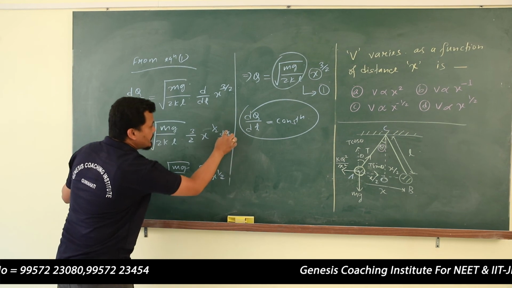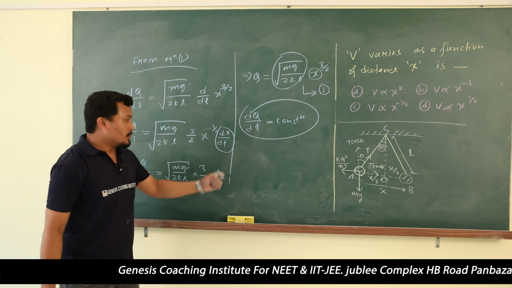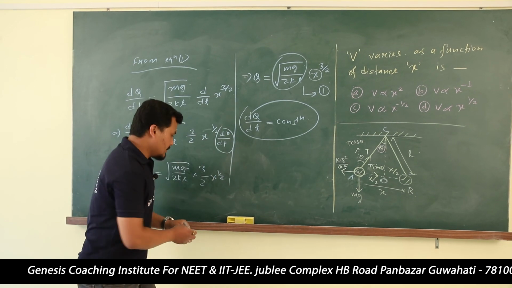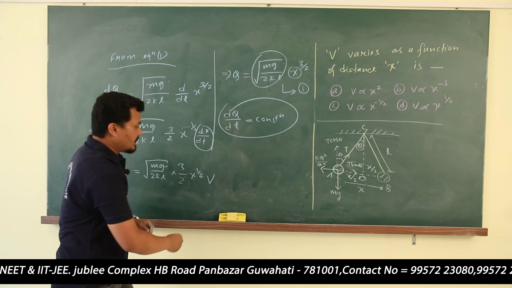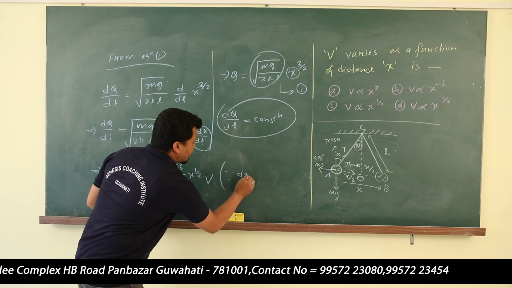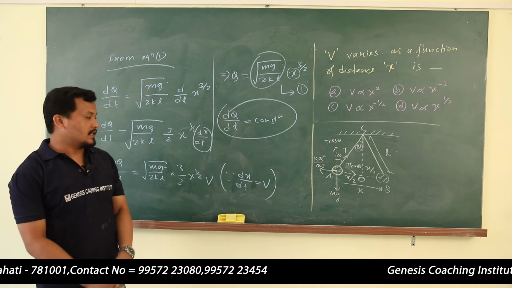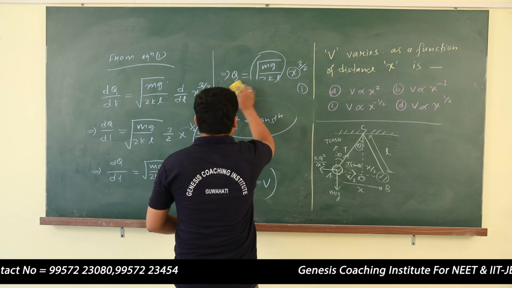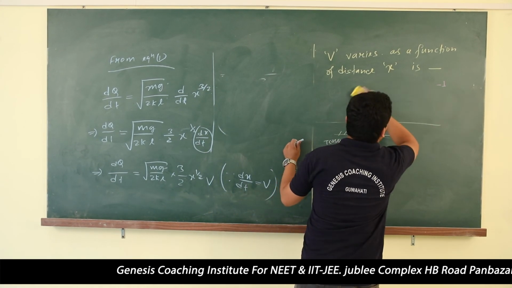This dx by dt means the rate of change of displacement, which is velocity. So dx by dt equals v, the velocity with which the two charges approach each other.